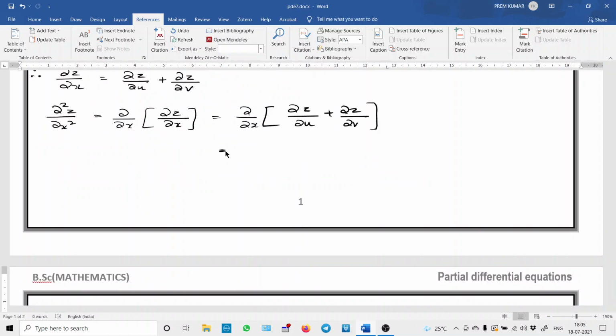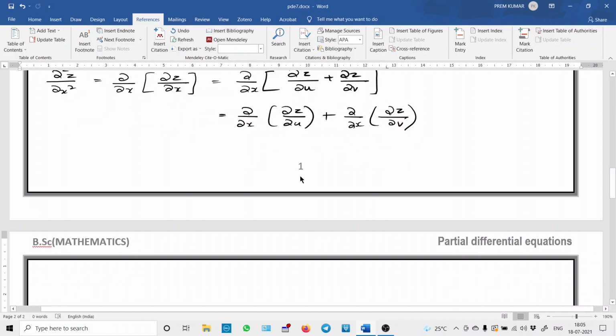This is nothing but, apply the property of differentiation: ∂/∂x of ∂z/∂u plus ∂/∂x of ∂z/∂v.